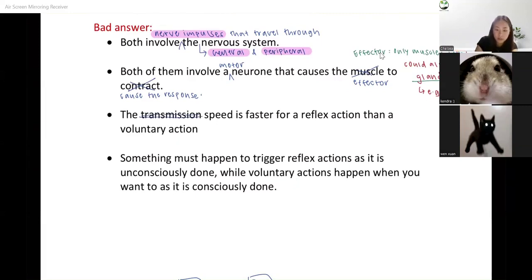I will fix the front part first. Now, two reasons.